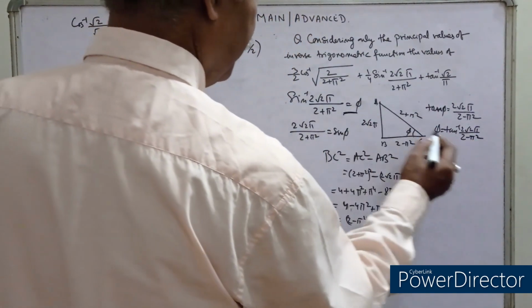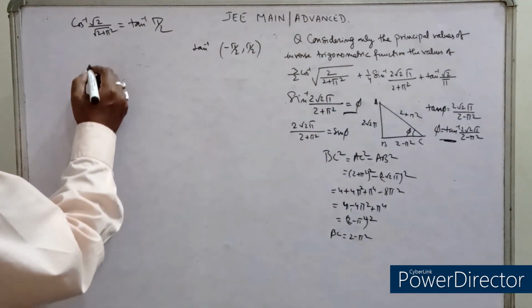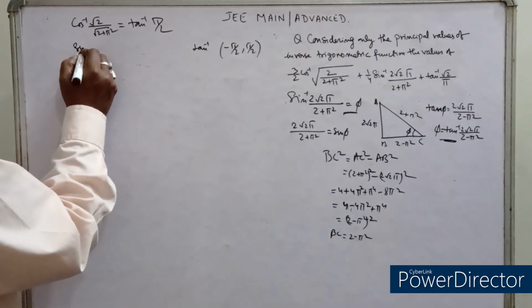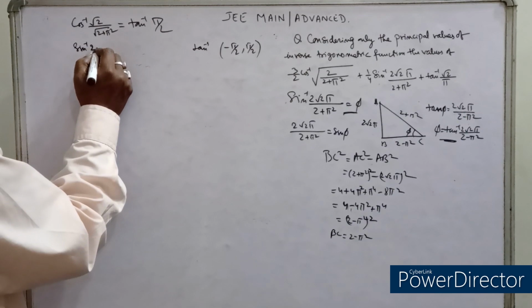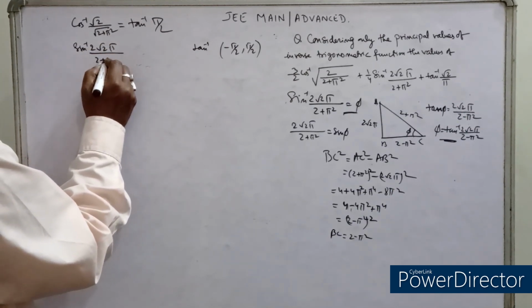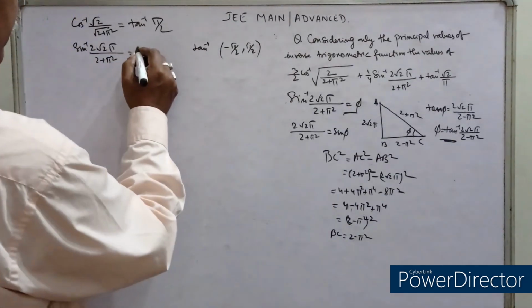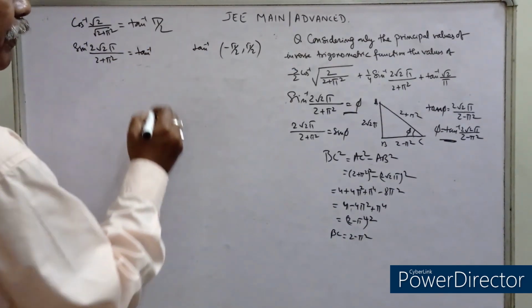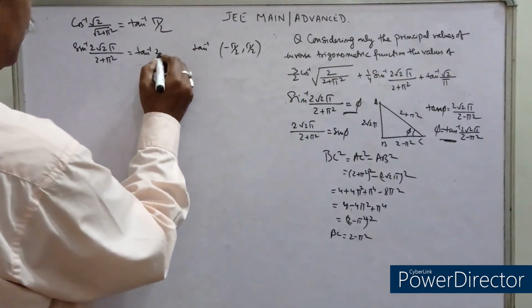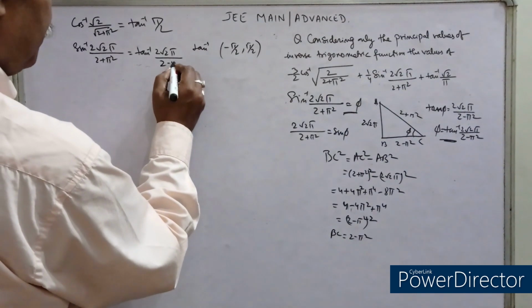So from here we conclude that sine inverse 2 root 2 pi by 2 plus pi square comes out to be tan inverse 2 root 2 pi by 2 minus pi square.